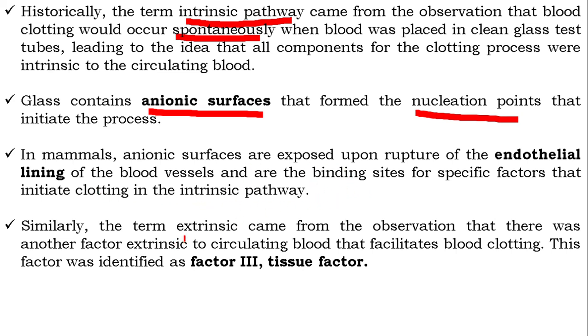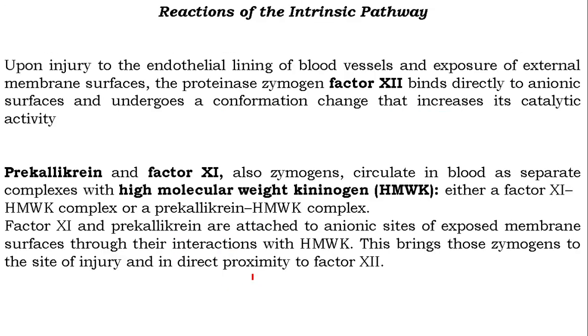And the term extrinsic pathway came from the observation that some other factors outside the circulating blood facilitate blood clotting. This factor was later identified as tissue factor or factor 3. Now let us see the reactions of the intrinsic pathway in another slide.